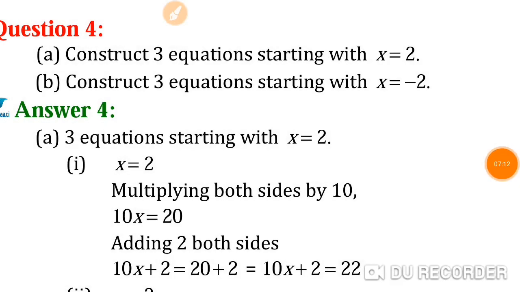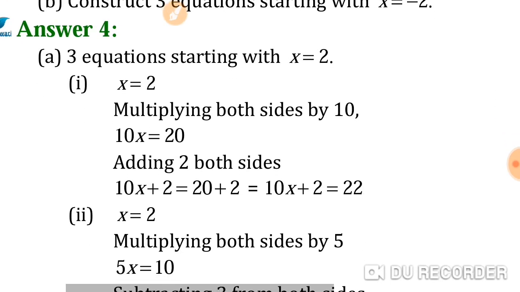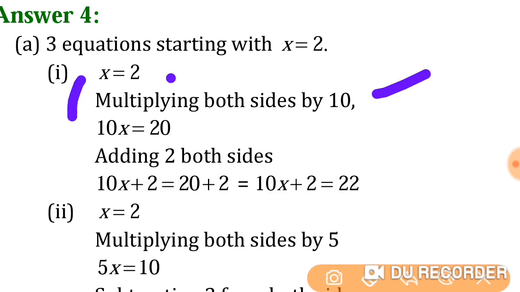So first, only three equations they said, and I'll show only one example each. So x equal to 2 is an equation, and we have to create one equation like multiplying, adding, subtracting, anything. So just multiply both the sides by 10. Multiply both the sides by 10: 10 into x is 10x, 2 into 10 is 20. But I don't want only 10x is equal to 20.